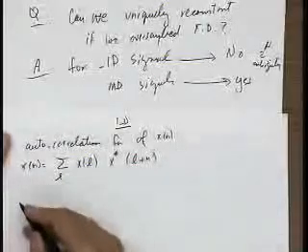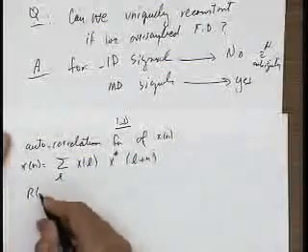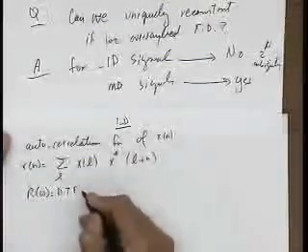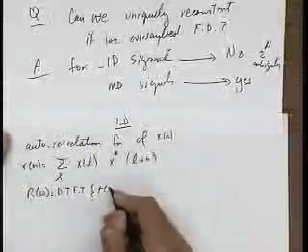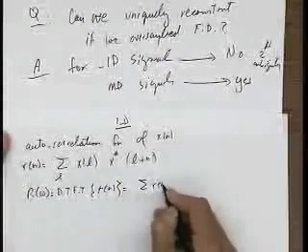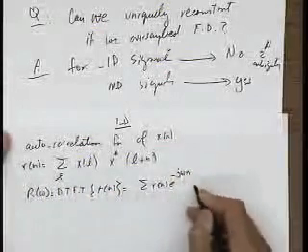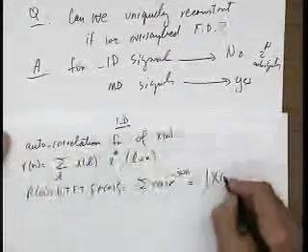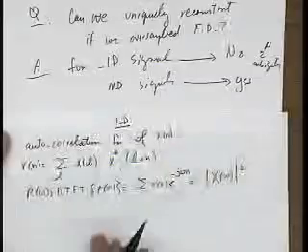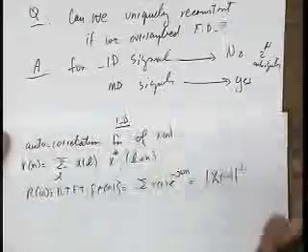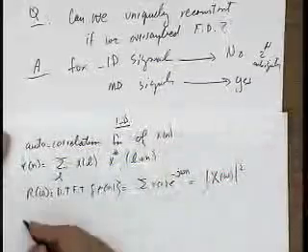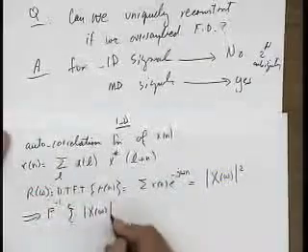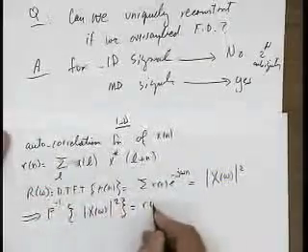R of omega, which is the discrete time Fourier transform of R of n, which is the sum of R of n e to the minus j omega n, is related to the Fourier transform of x in the following way. It's the Fourier transform magnitude of x squared. So what that means is that the inverse Fourier transform of magnitude x of omega squared is just R of n.